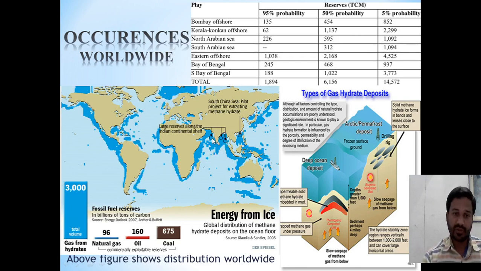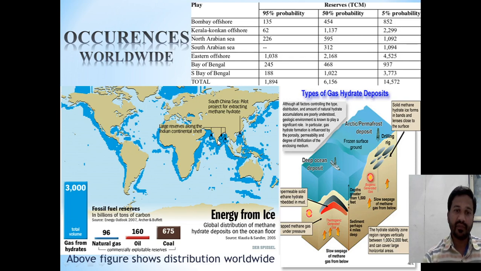This three-sided ocean has the most probability, after the USA, which has a very large continental side with a large area on the seaside. The USA is listed number one, having more gas hydrate reserves.